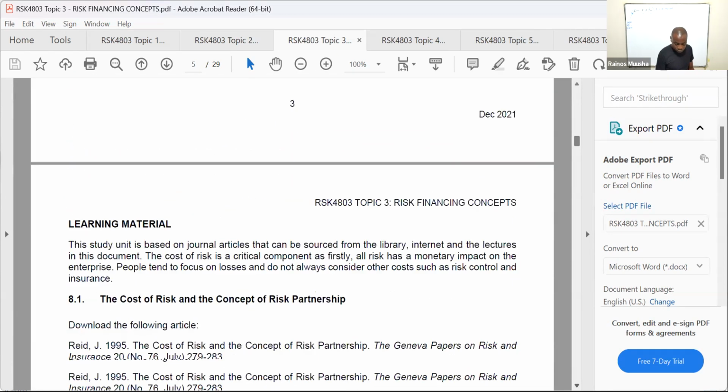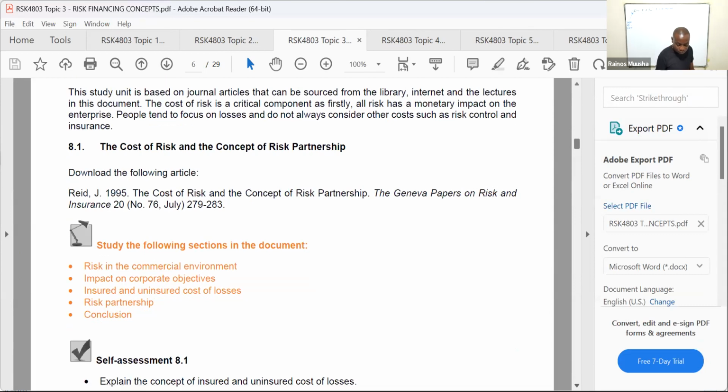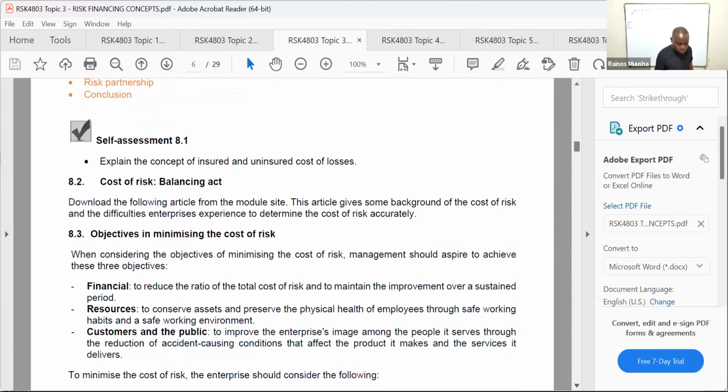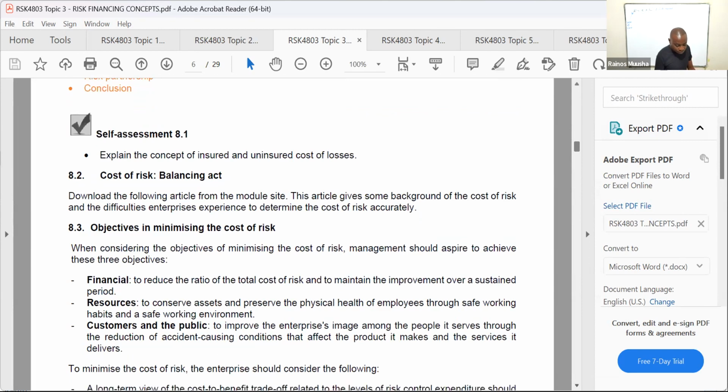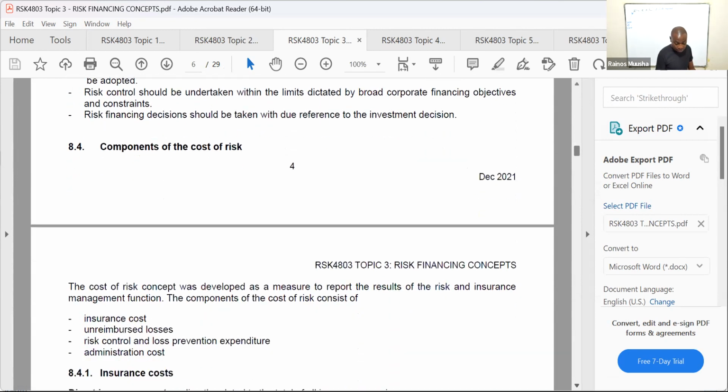In unit 8.1, they refer you to the article which looks at the cost of risk and the concept of risk partnership. Unit 8.2 looks at cost of risk, a balancing act, and they refer you to a particular article there. Then 8.3 gives you objectives in minimizing the cost of risk, and these objectives are also highly examinable.